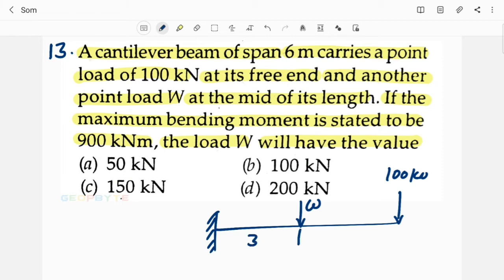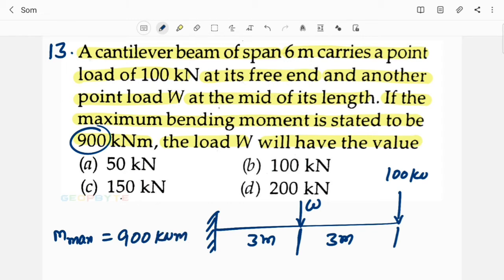Therefore, I can say this is 3 meters. The other one also equal to 3 meters. The maximum bending moment is given. This is the maximum bending moment, 900 kilonewton meter. You are asked to find what is the W.